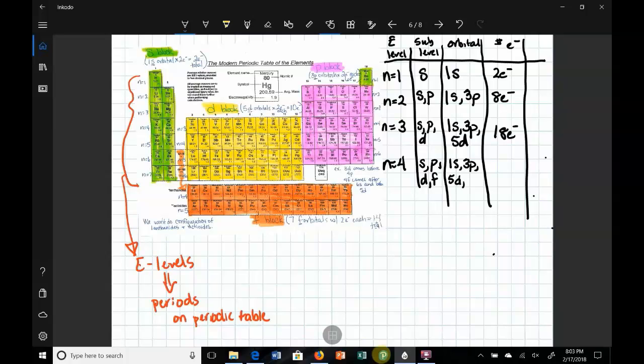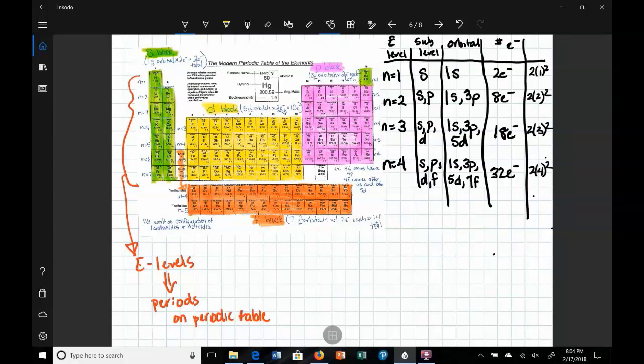And in the f sublevel, we've got 7 f orbitals. And in this energy level, we can hold a total of 32 electrons. Remember, we calculated that by 2n squared.